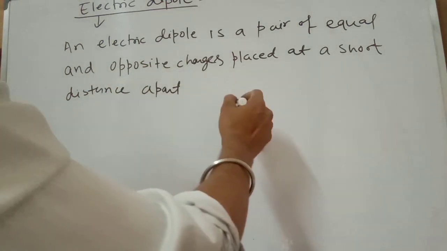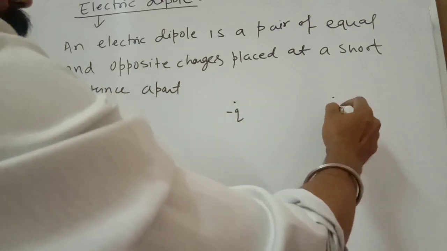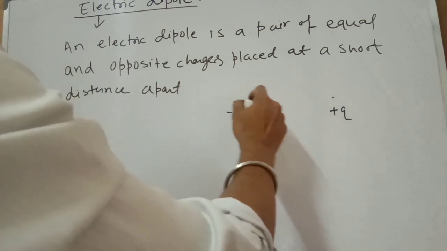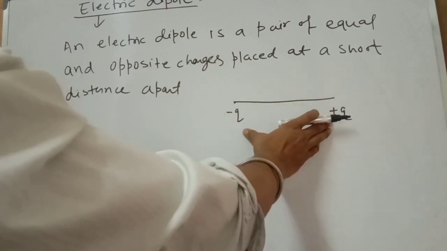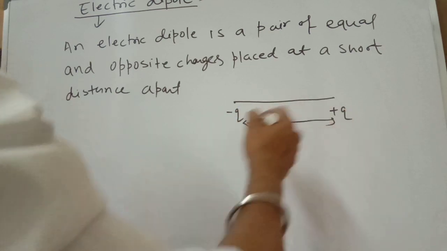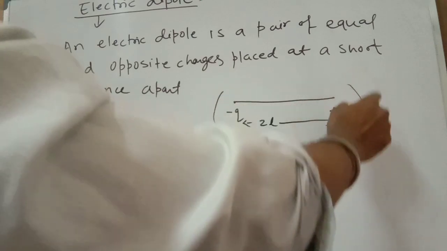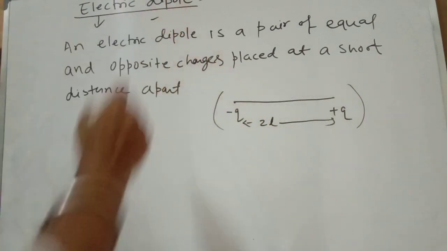That means if there is a minus q point charge and a plus q charge, the same and opposite in nature, apart at some distance, let me consider 2L. So this construction of charges is called electric dipole.